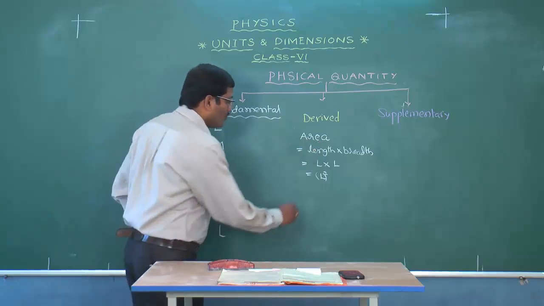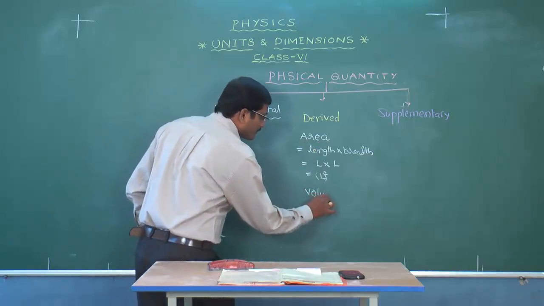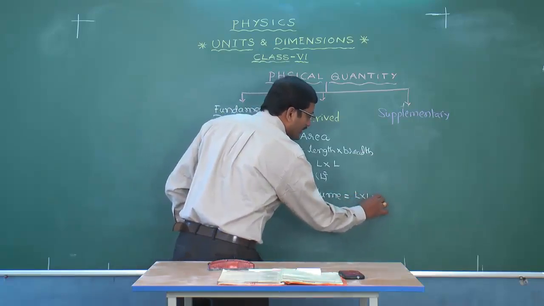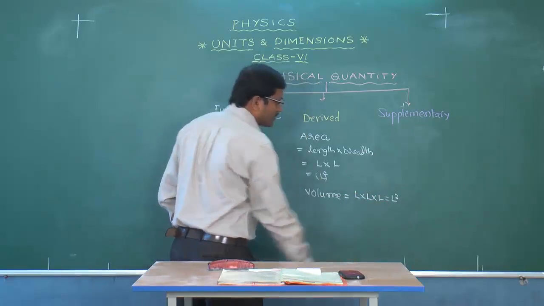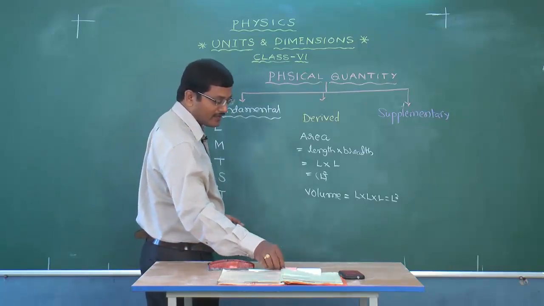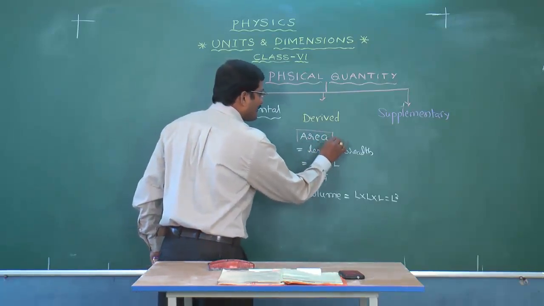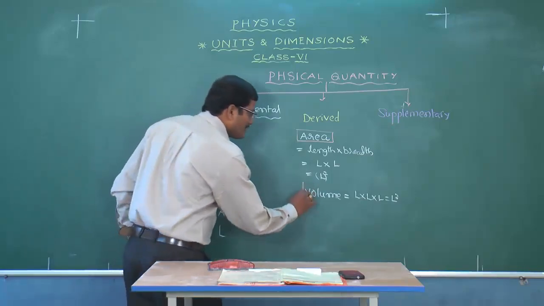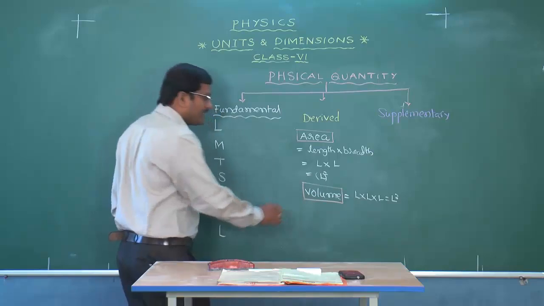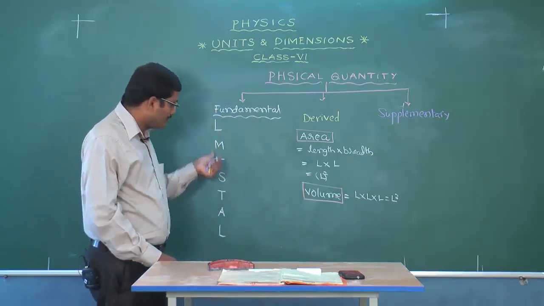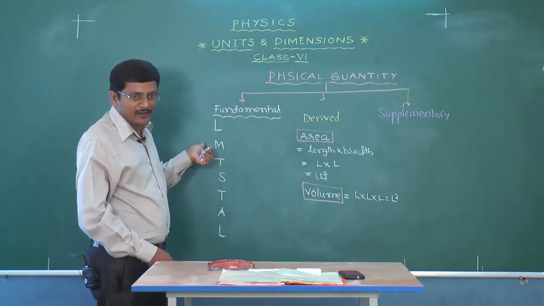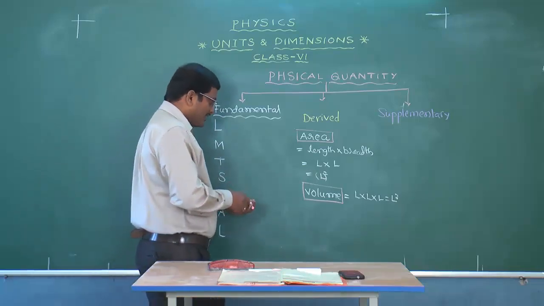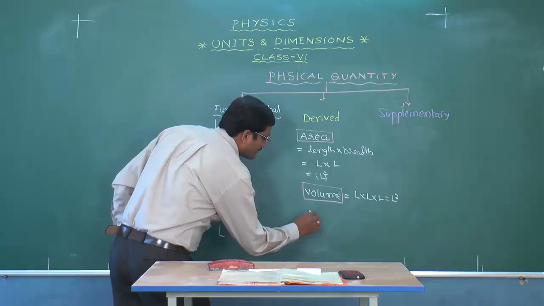In the same way, volume. Here you will get length into length into length. It's nothing but length cube. So here we can say that area is a derived physical quantity from the fundamental physical quantity. In the same manner, volume is also a derived physical quantity from these sets of fundamental physical quantities. In the same manner, density is also a derived physical quantity.